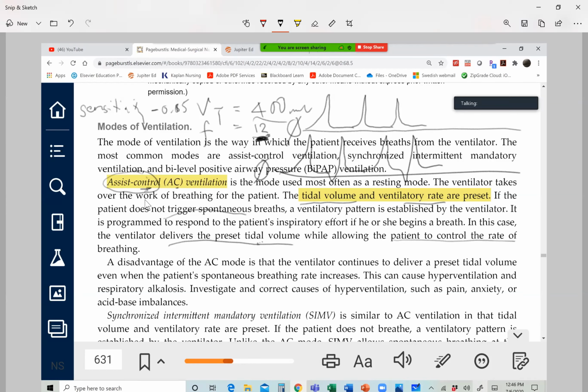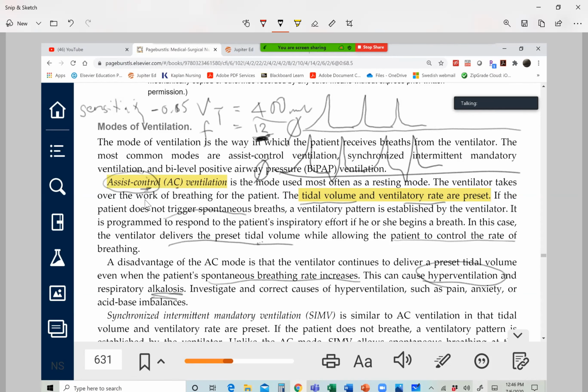So every time the patient initiates a breath, the vent will also give that breath on top of the 12. So what could result here? If the patient's taking 12 and the vent gives 12 minimum, what will happen to the patient? As stated here, the patient's breathing rate will increase. Your minute ventilation increases, causing hyperventilation and therefore respiratory alkalosis.